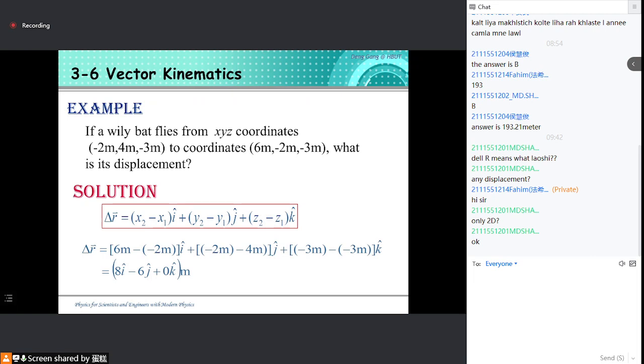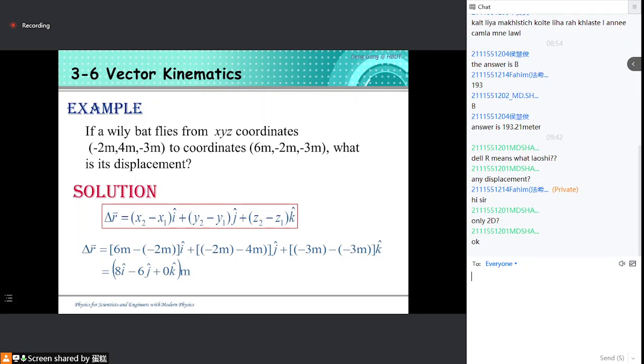The component form is the result. You can use the component form to express the result, and this calculation is very simple. Maybe if you are familiar with this, you can calculate all of this in your mind. You don't need to write it down.